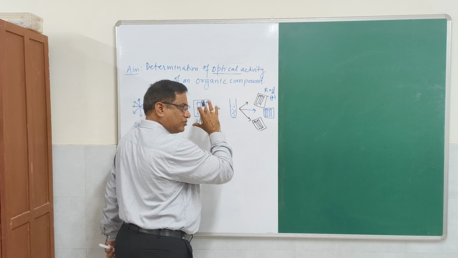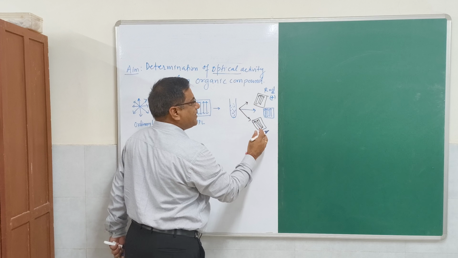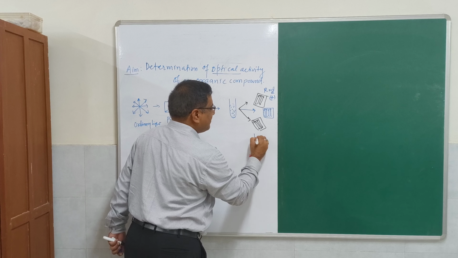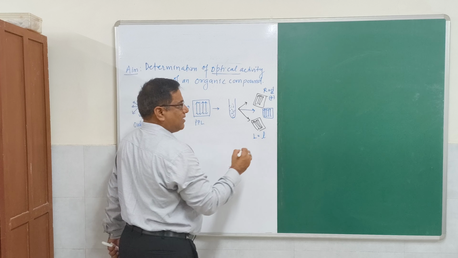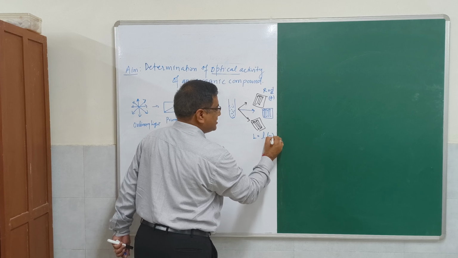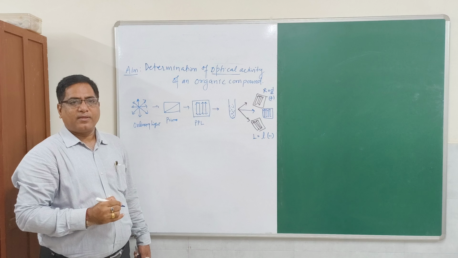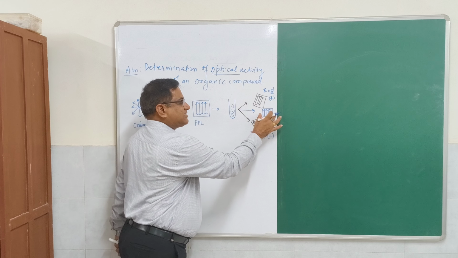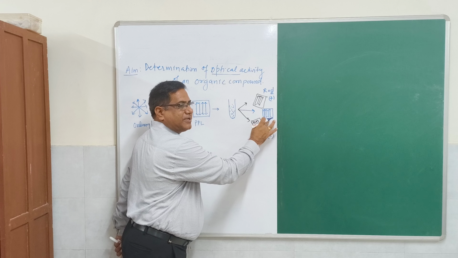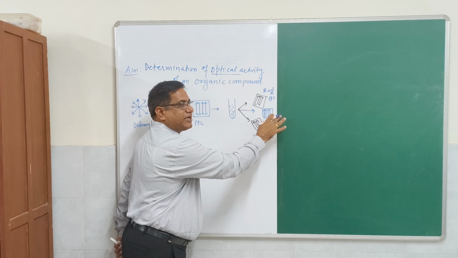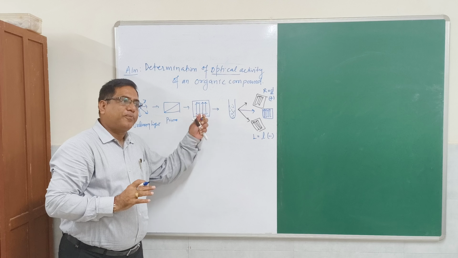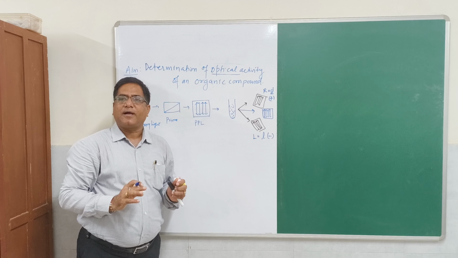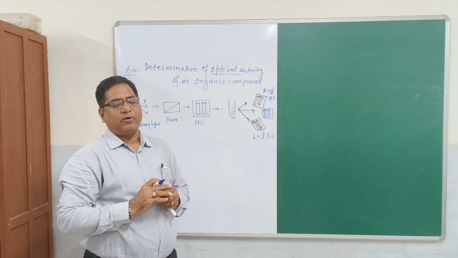Those substances which rotate the PPL to the left are designated by a small l, and the sign is negative. And this substance is called optically inactive; it does not rotate the plane polarized light. This is the property of not all organic compounds but only a few.